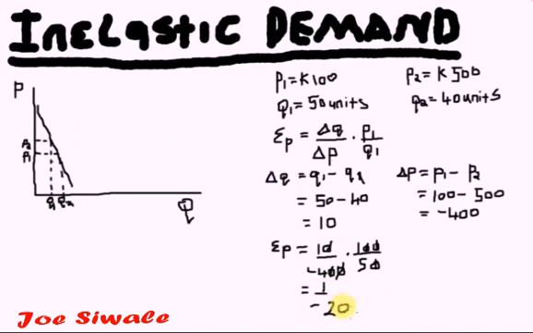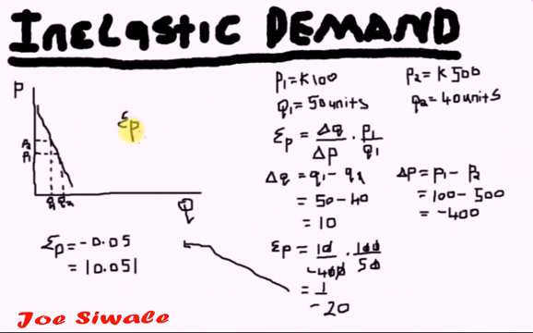Negative 4 multiplied by 5 is negative 20. So I'll just transpose it this side. EP is equal to 1 divided by negative 20, that's negative 0.05. So my final answer is 0.05. The negative just represents the law of demand, which means there's a negative relationship, and my EP here is less than 1.